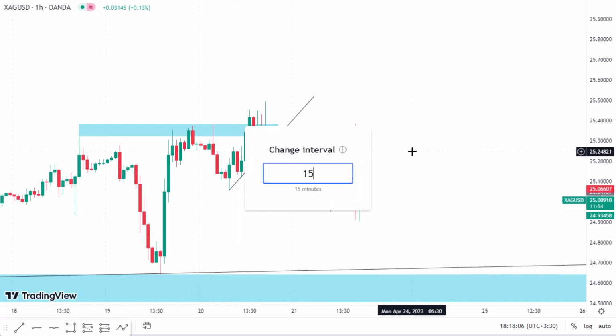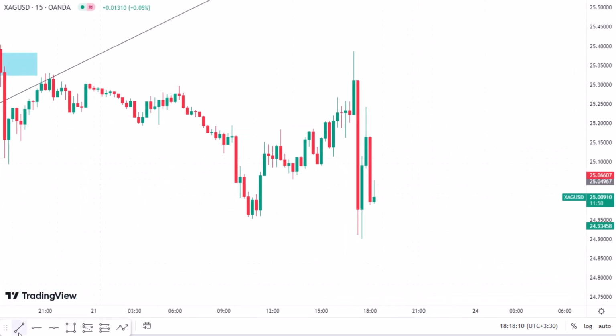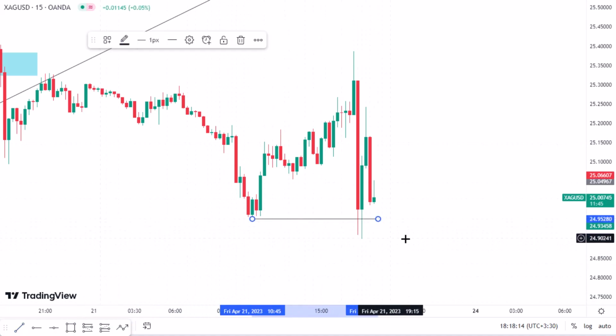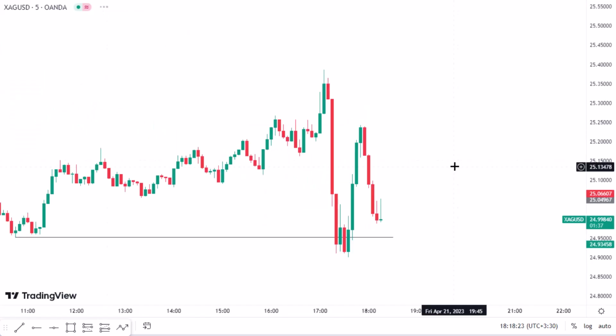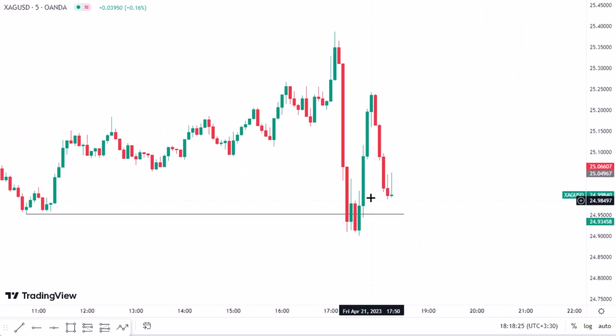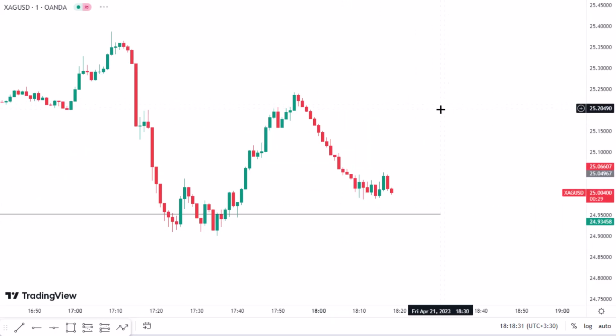Let's check the lower time frames, like the 15-minute time frame. We could imagine a trend line, like a support like this. The price touches it and starts going up. If you check the 5-minute time frame, we had some candles here and then the price started going up, but in the 1-minute time frame it will be more clear.